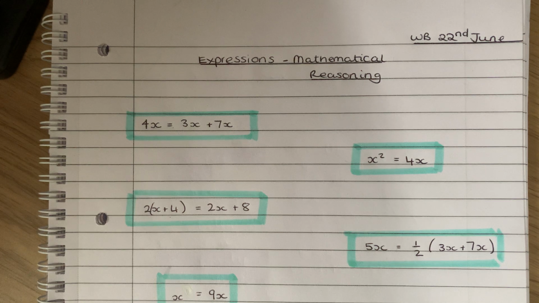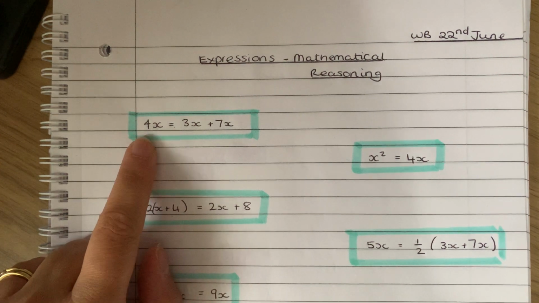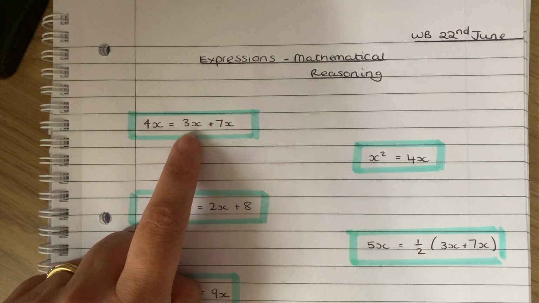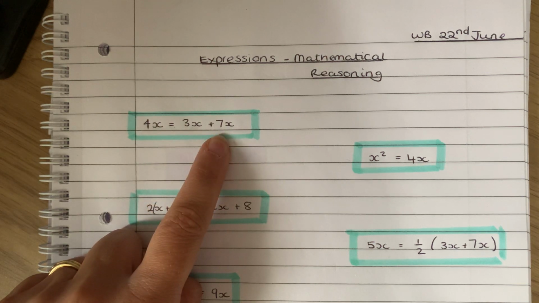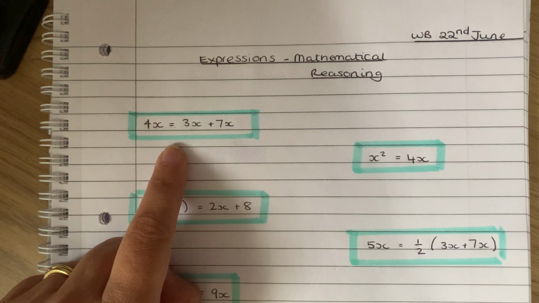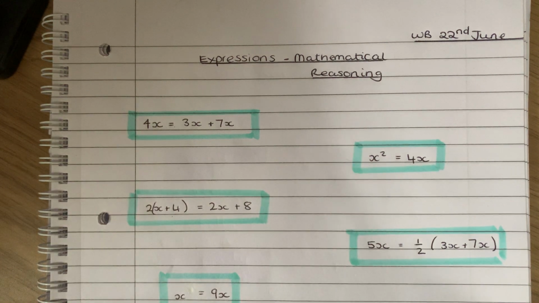Okay, now if I've got this first one here, so I've got an expression 4x equals 3x plus 7x. Well, I know that 3x and 7x is 10x. So we're saying here that 4x equals 10x. Is that never true? Well, you need to think about which situation could it be true. I can see that it would be if x was worth 0.